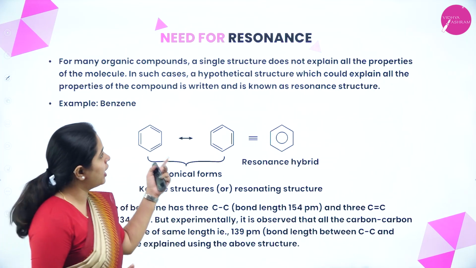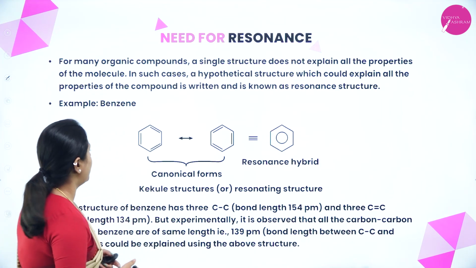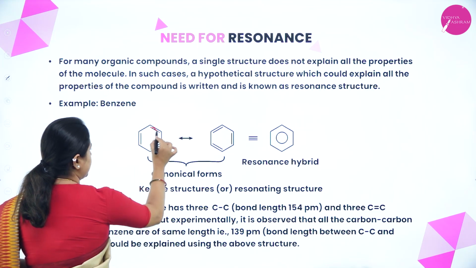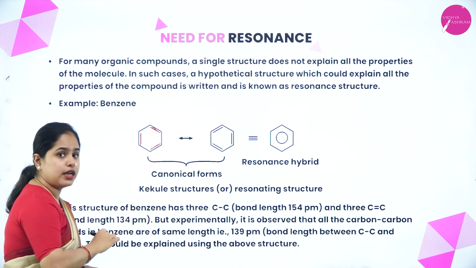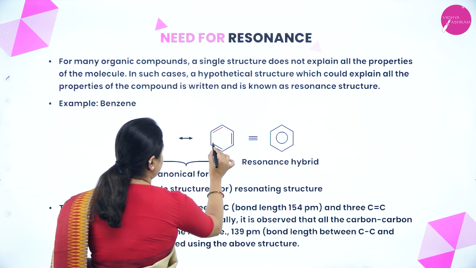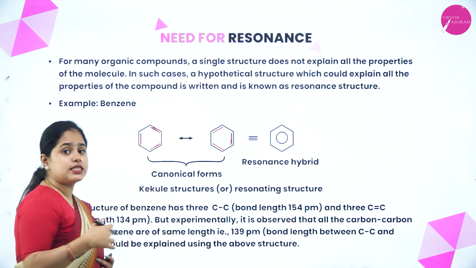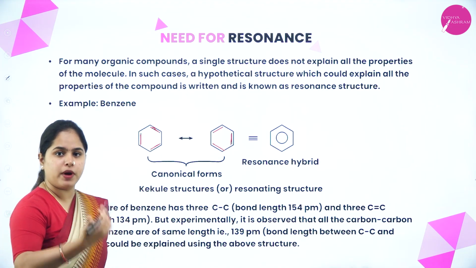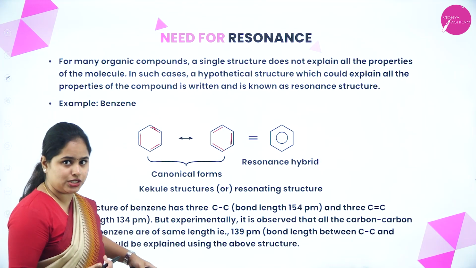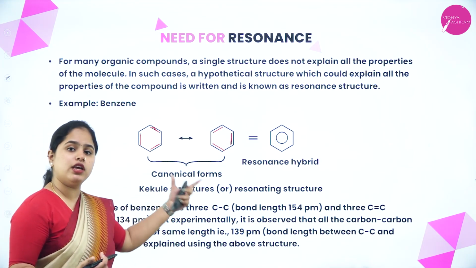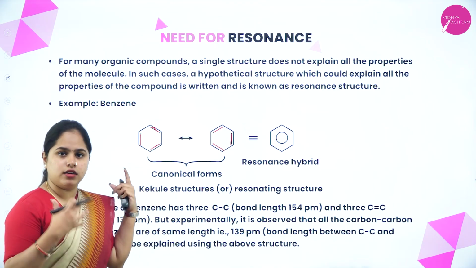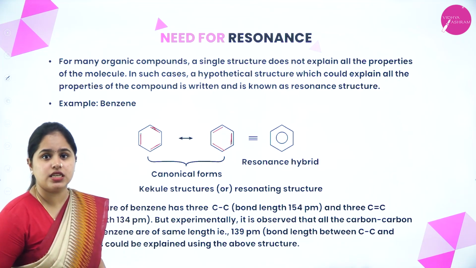Right. Now, let's take the example of benzene itself. As you can see here, in benzene the double bonds are present here, here and here. Right. In another canonical form of benzene, the double bonds can come here, here and here. There is a continuous delocalization of pi electrons. That means the position of these pi electrons can continuously change. So, none of these canonical forms is the actual structure. To gather all these structures together, we use the resonance hybrid.